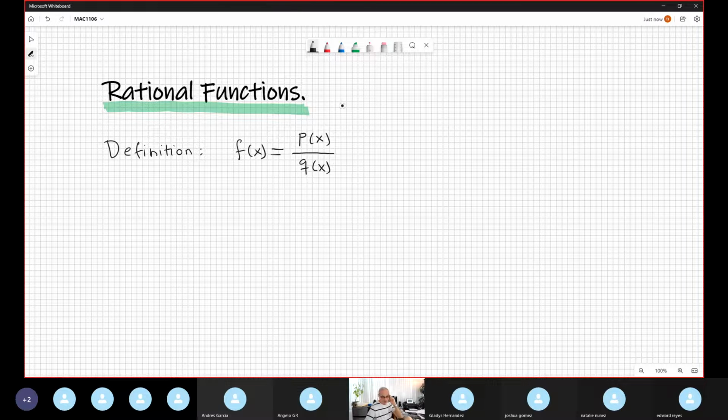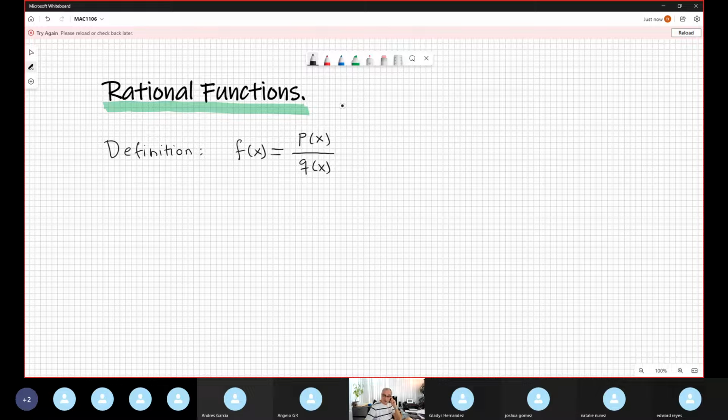This is the classic way we write it. f of x is a function, with p on top and q on the bottom, and both p and q are polynomial functions, not necessarily of the same degree. Different degrees, totally crazy. We're discussing any possibility here. This is the definition.